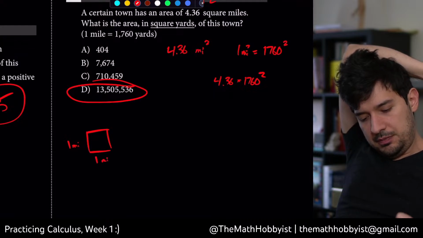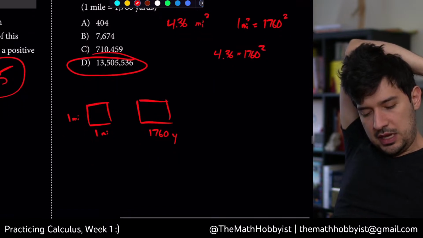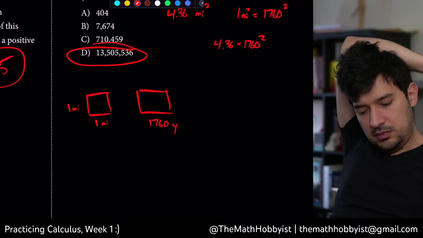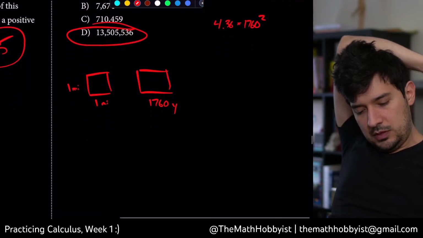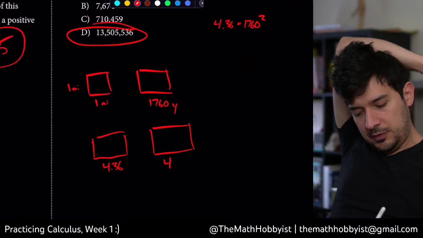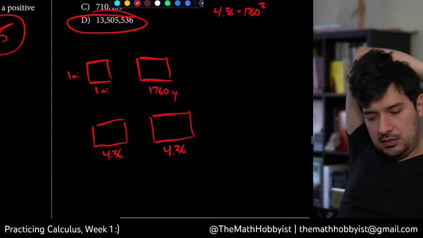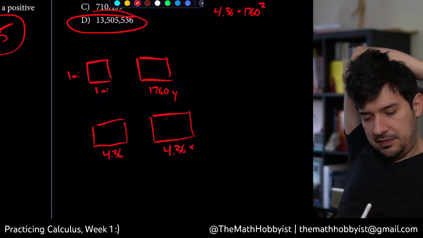So 1 mile is equal to 1760 yards. So then 4.36 miles is going to be 4.36 times 1760.